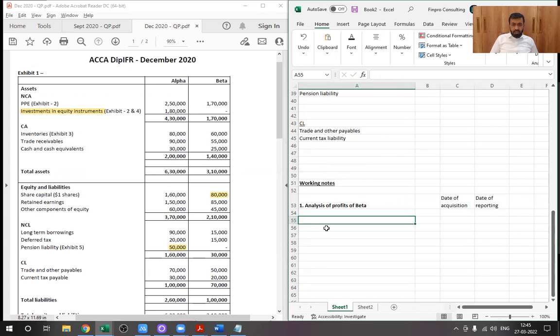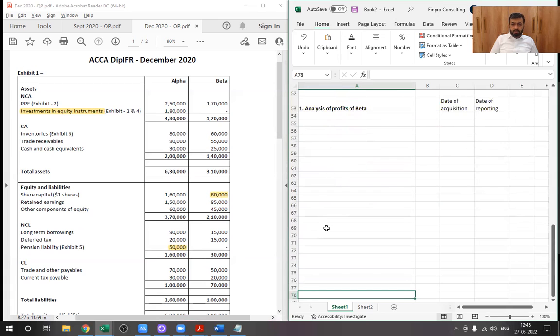Date of acquisition. So this is the first working note. It will require some space because we have to allocate the net worth related items first. Then as on the date of reporting, the difference between that will be post acquisition gains and losses. Those will be allocated between owners and NCI. So for that we will require some space. So keep some lines blank.